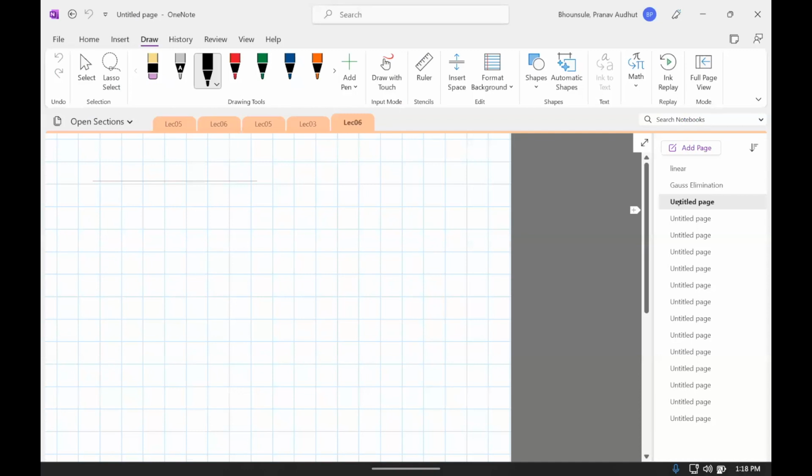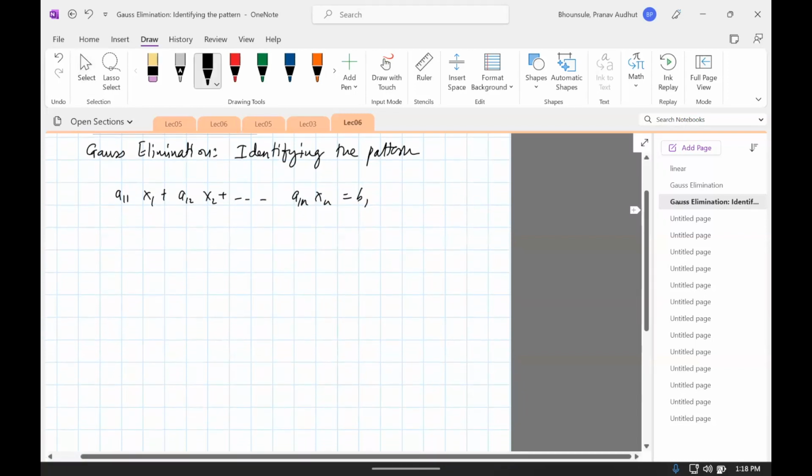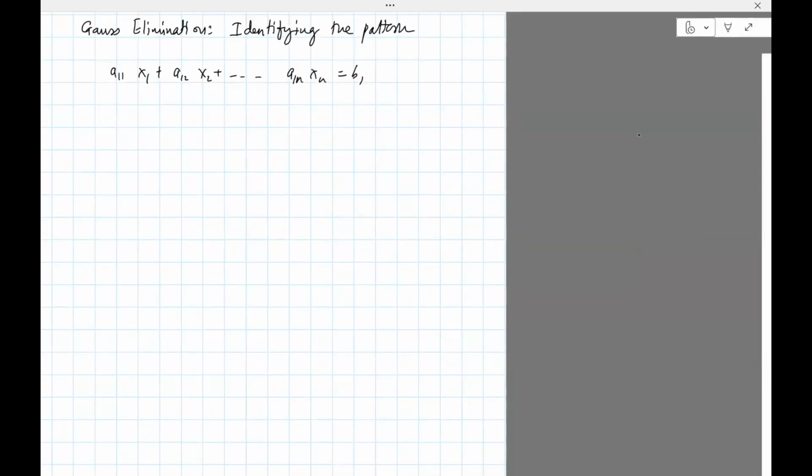Okay, so this is how Gauss elimination works. The pattern: we have a11 x1 plus a12 x2 plus so on till a1n. I'm just going to write 2 equations. Maybe I'll write 3.